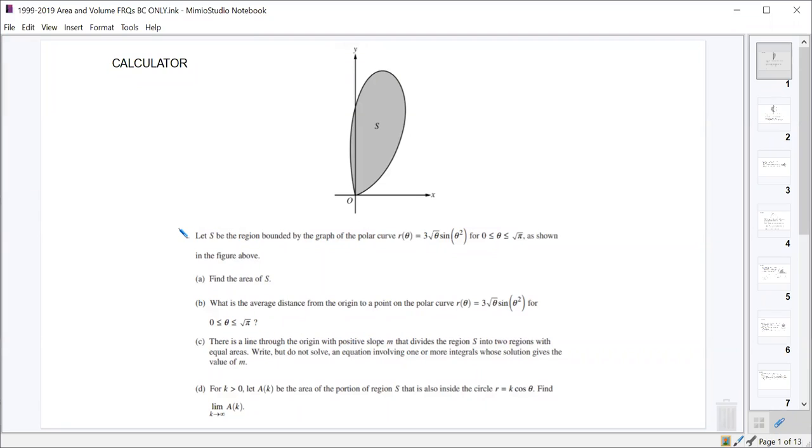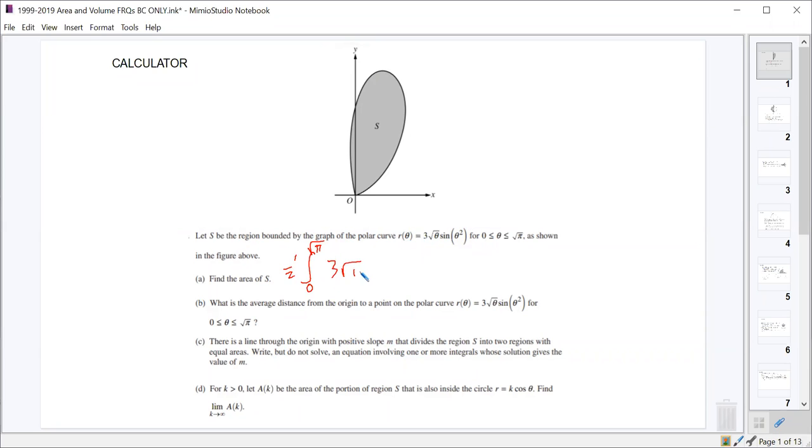Yep. All right. So they're asking you to find the area of S to start with. That should be pretty straightforward. You need to use the formula for the area of a polar function. It's the integral of 1/2, from 0 to root pi in this case, because that's what they tell you the bounds are, of your r squared.